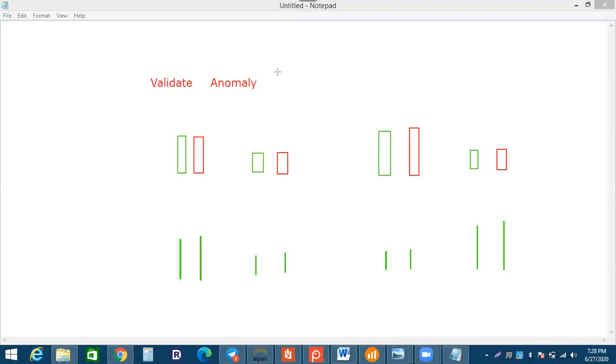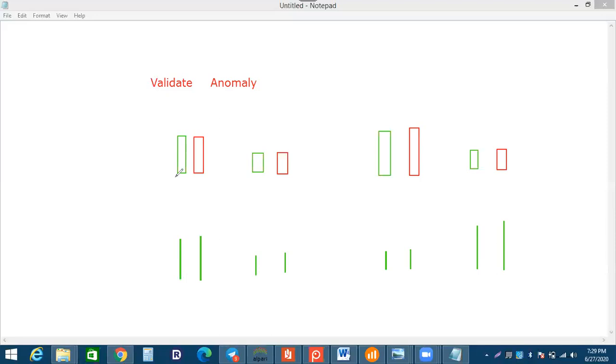Look at this. If this bar has this type of body, it increases, and the volume also increases. The volume looks like a high volume bar. So this candle and this volume bar validate each other, matching each other.